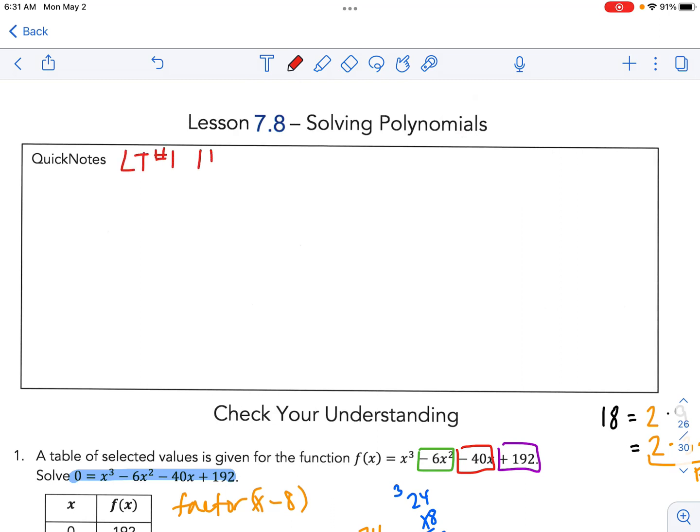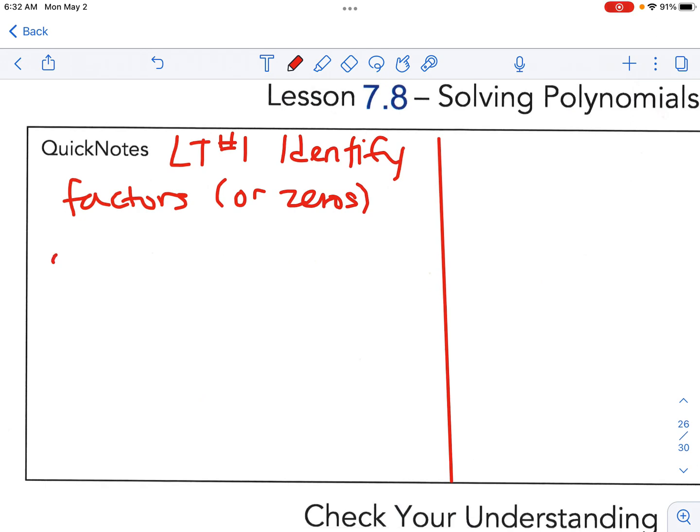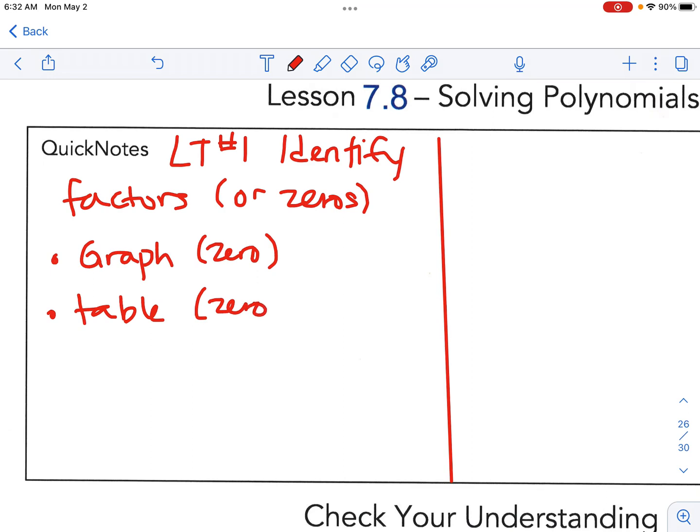Okay, so our learning targets are going to be centered around that. The first learning target is identifying factors, or we call them zeros, the solutions to those zeros. The way we can identify them is on a graph, or in a table.